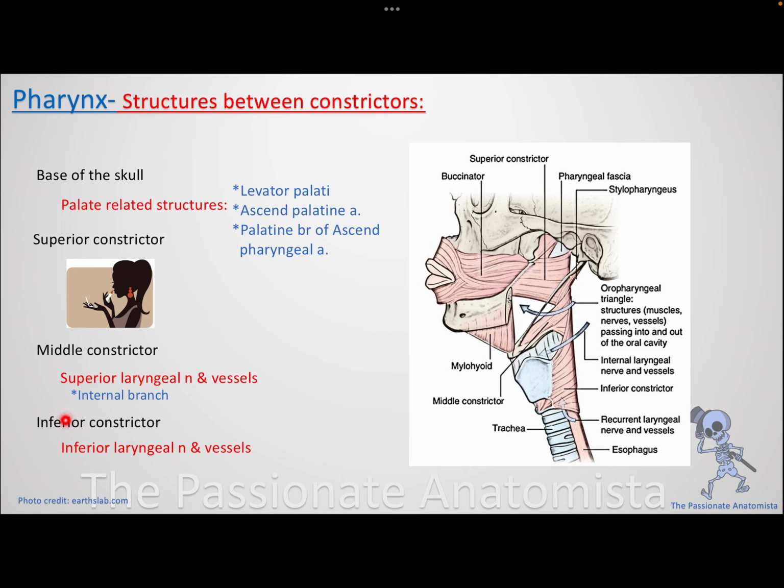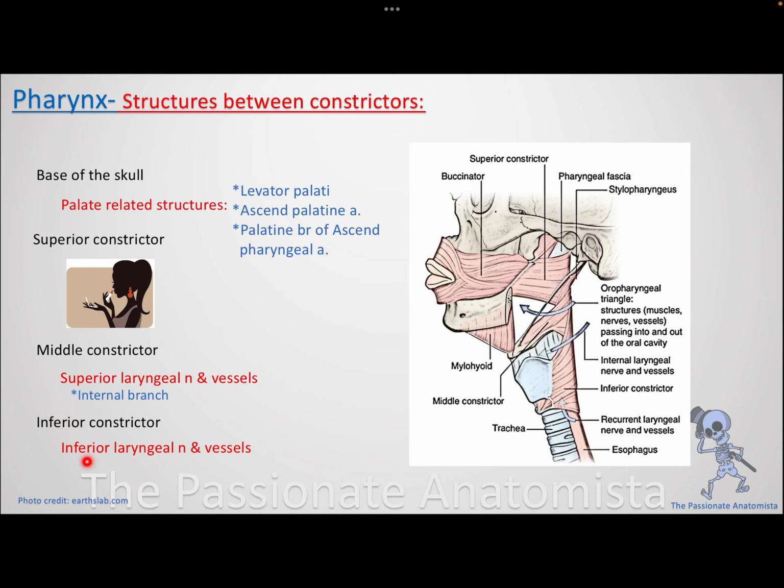Now, first thing is your inferior constrictor muscle, all right? The inferior constrictor is attached to the thyroid and cricoid, and these are cartilages of your larynx, okay? So these are structures related to the larynx. If I am above the inferior constrictor, the structure that passes between is going to be the superior laryngeal nerve and vessels.